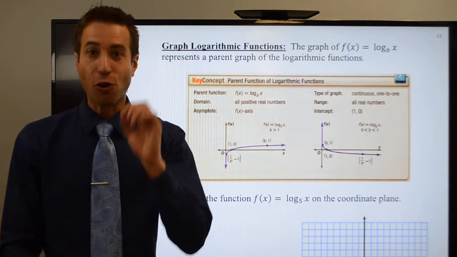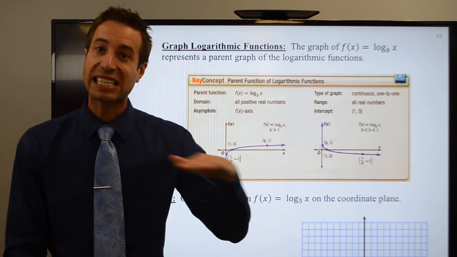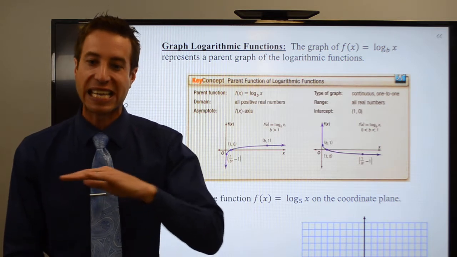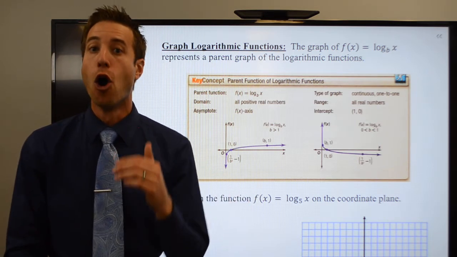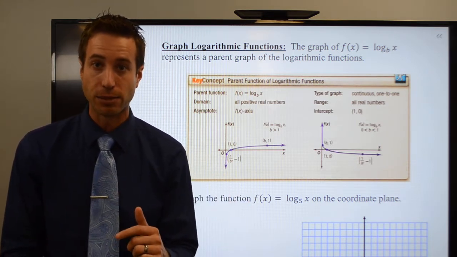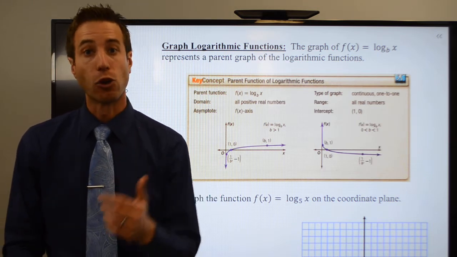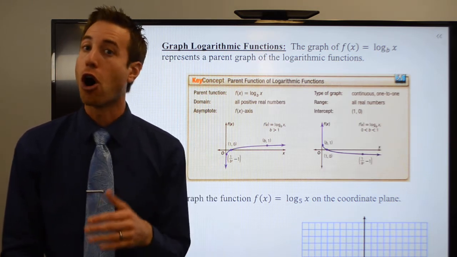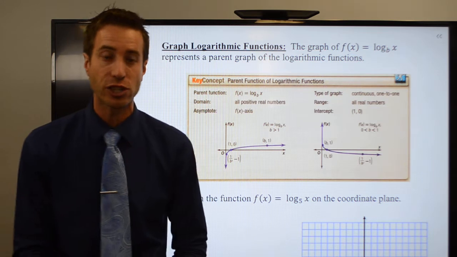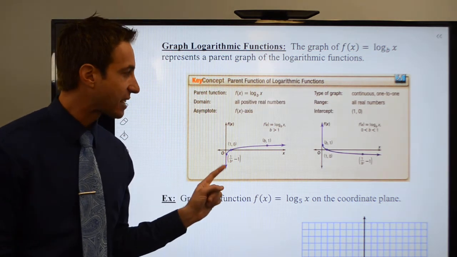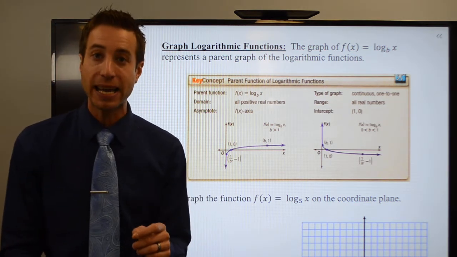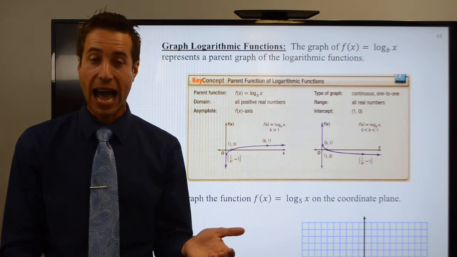Also, for exponential functions, if there were no transformations, the x-axis was always a horizontal asymptote. Well, for logarithmic functions, as long as there are no transformations, the y-axis is always going to be a vertical asymptote, right?